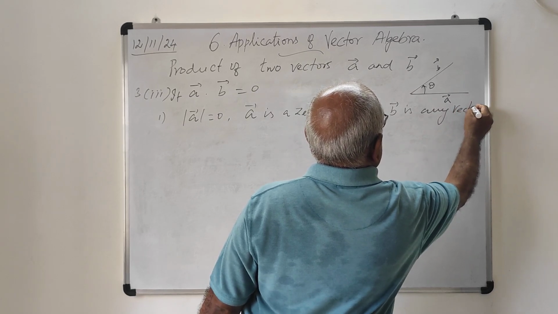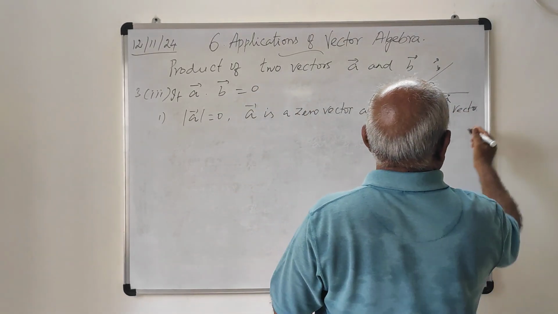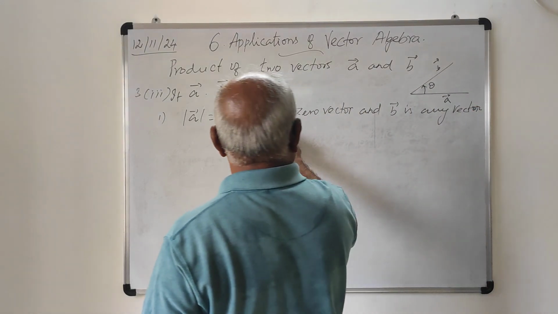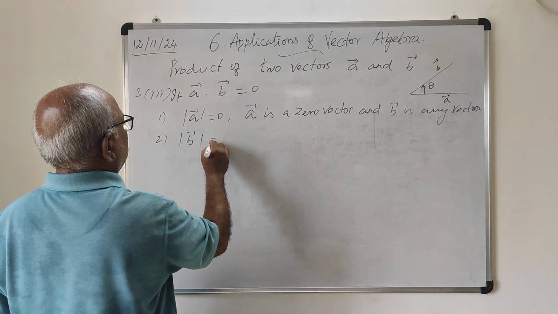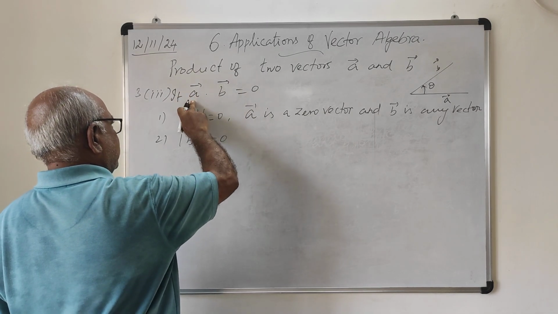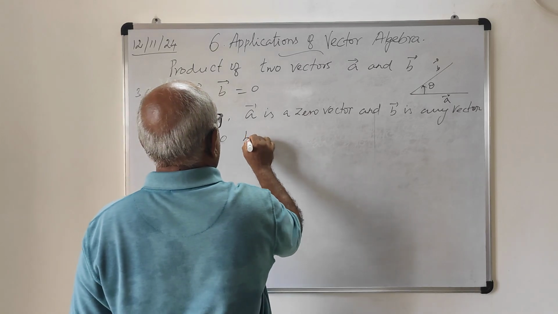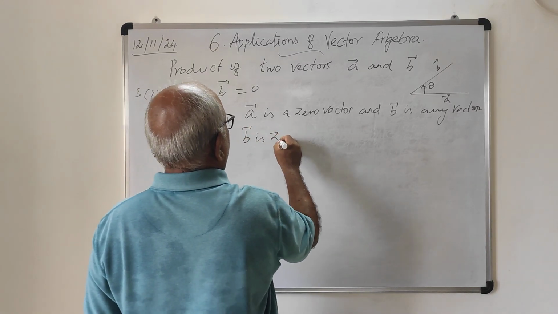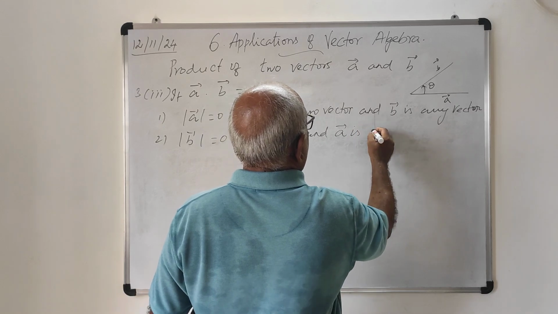This is one case. Or mod B is 0: A dot B is 0 either when A is 0 and B is any vector, or when B is a 0 vector and A is any vector.